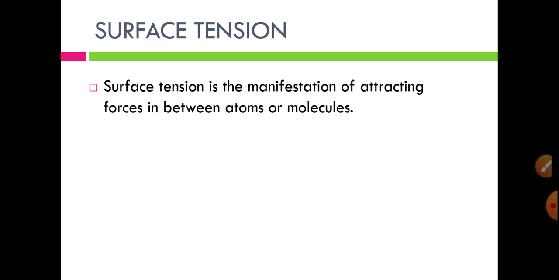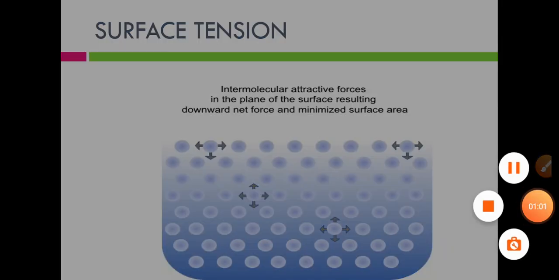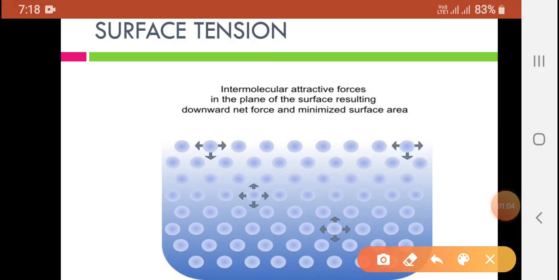Surface tension is the manifestation of attracting forces between atoms or molecules. So it is the output of attracting forces between atoms and molecules. For understanding purposes, this is a container which contains a liquid substance, and this liquid substance is composed of various liquid molecules, and each of these molecules has attractive forces.